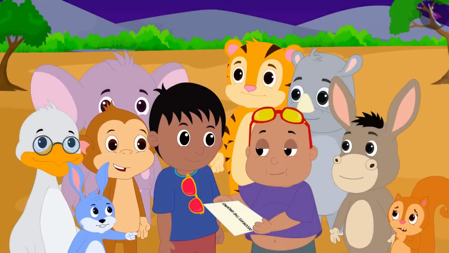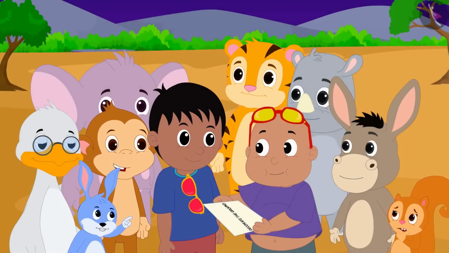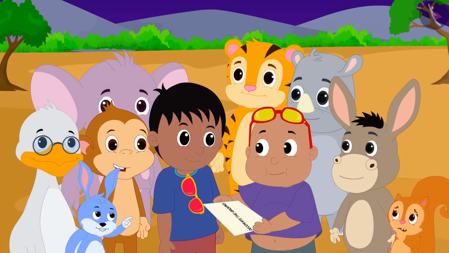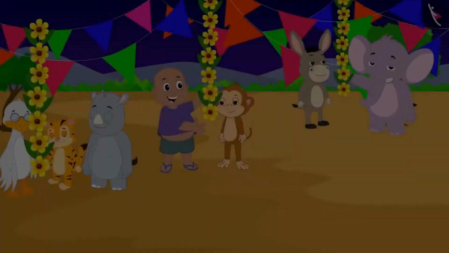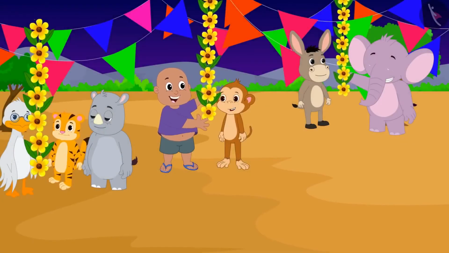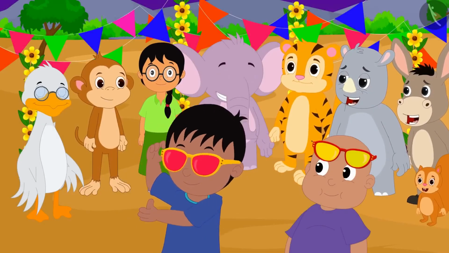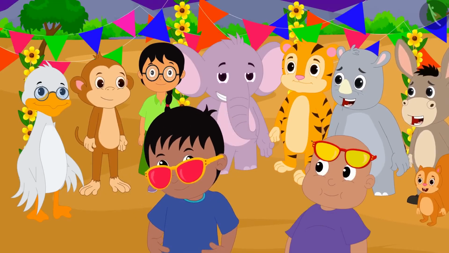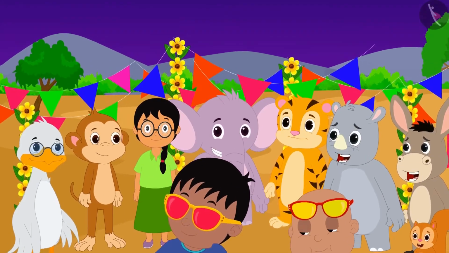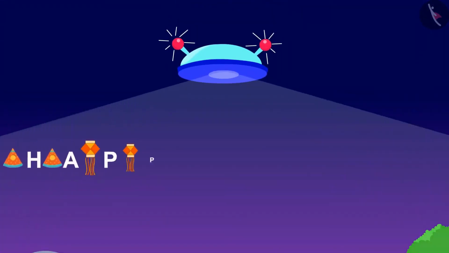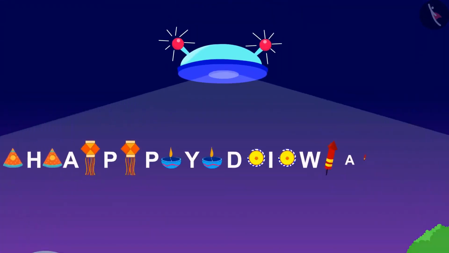This time, Bunny solved Jeev's hidden message and read it to all the villagers. All the villagers decorated the ground with all their heart. Now, Raju once again looked at the sky with his glasses and saw this new hidden message.